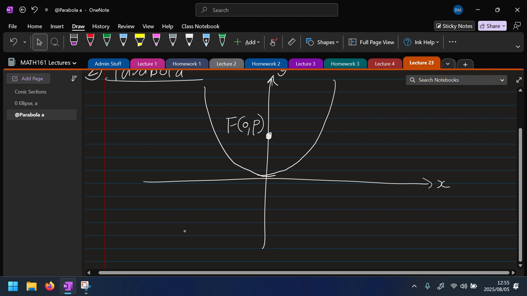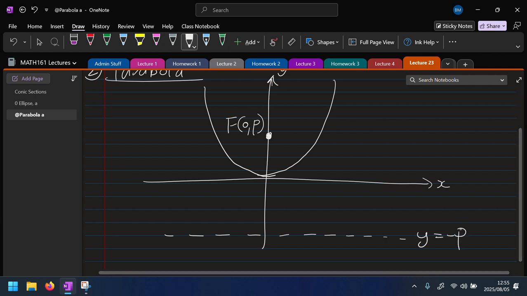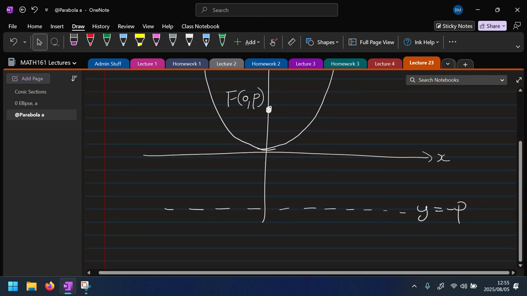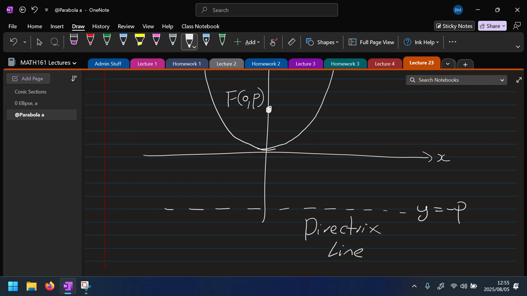Okay, next, we have a line underneath here. This is given by y equals minus p. So the same p we used for the focal point is the p we use for the line at the bottom. Okay, this is called the directrix, or the directrix line.